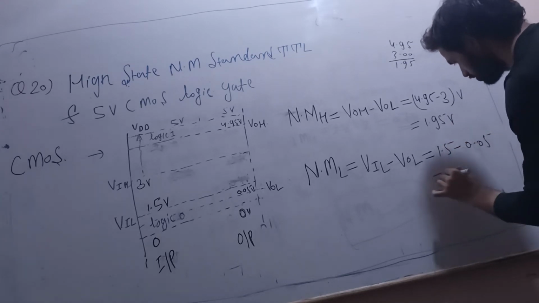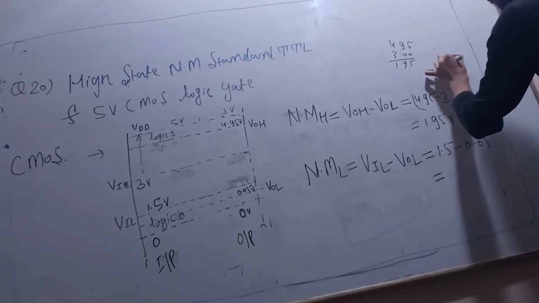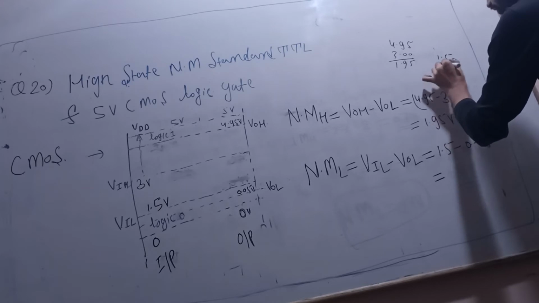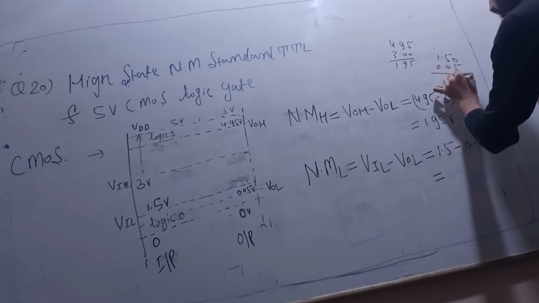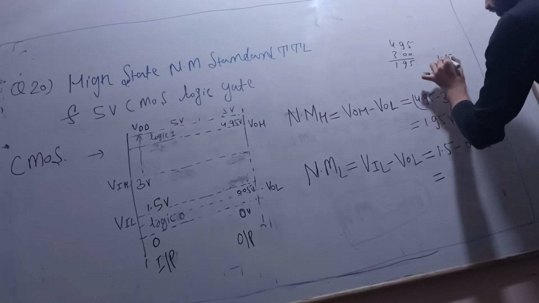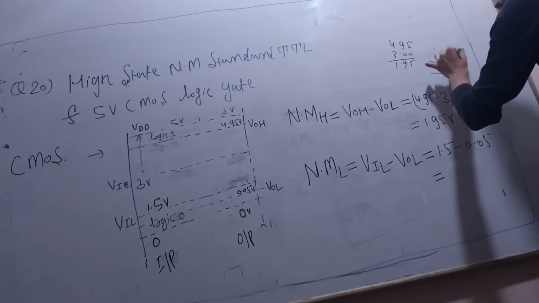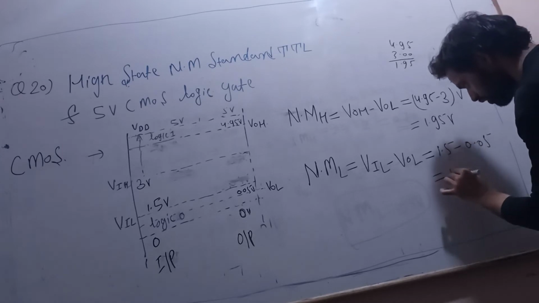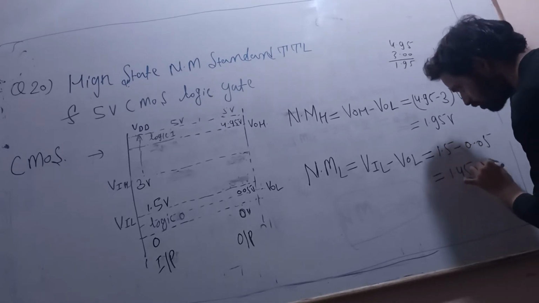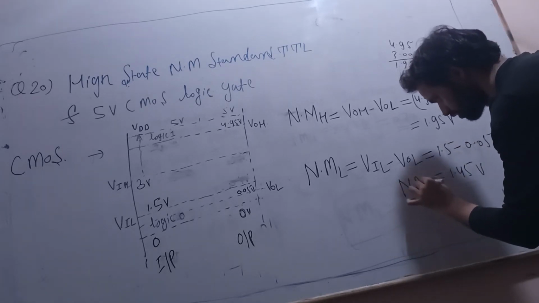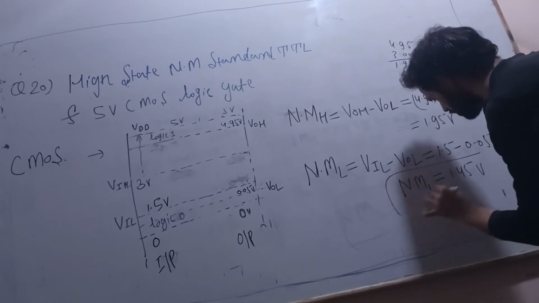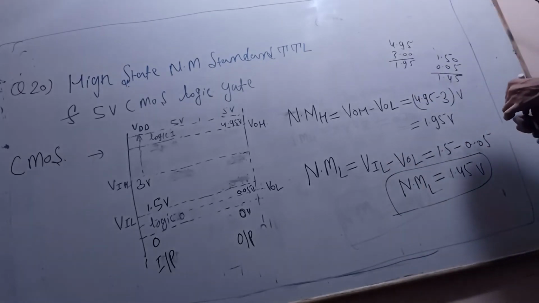So 1.5 minus 0.05 is 1.45 volt. This is my noise margin low.